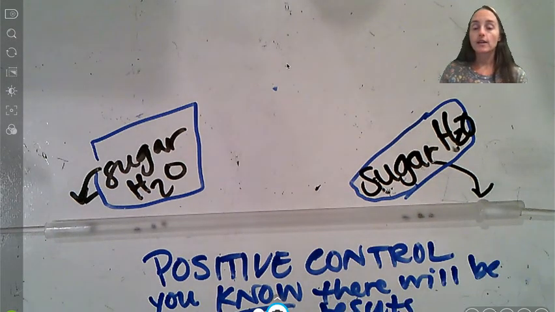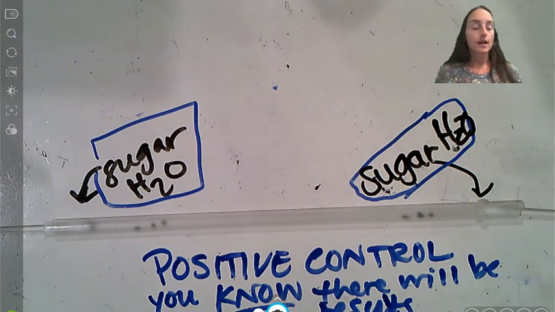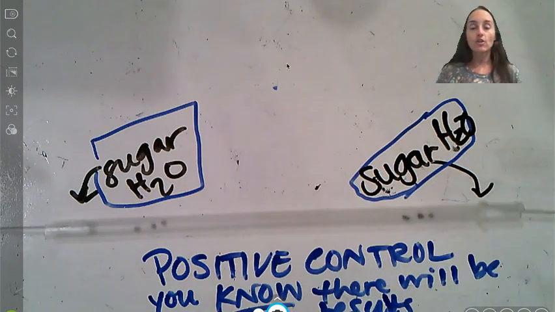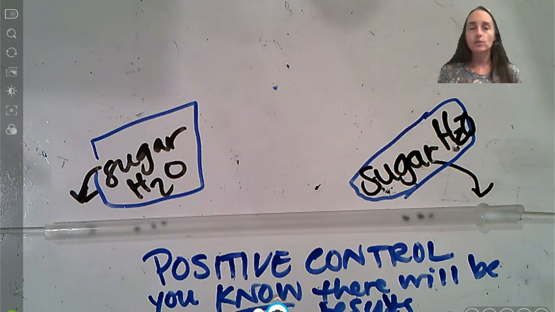Okay, and if something happens and the fruit flies just sit in the middle and don't go anywhere, then something's wrong with your experiment, right? Something's wrong with the actual experiment. And so it's not that they like one. So you need to have a positive control to be sure that your equipment and your experimental design is actually working.